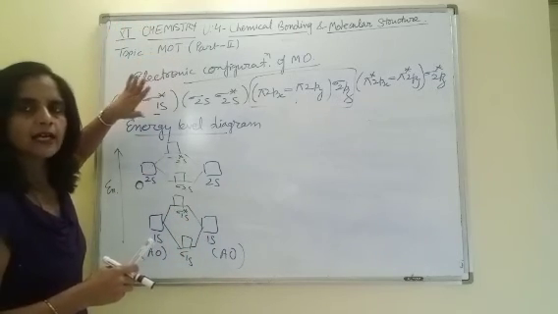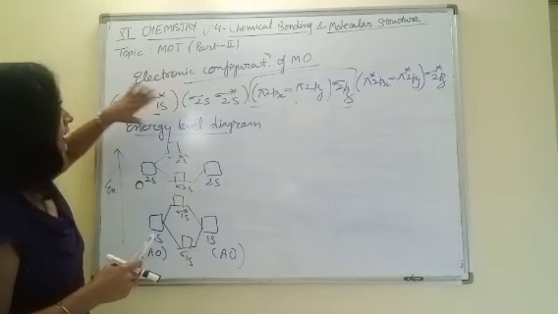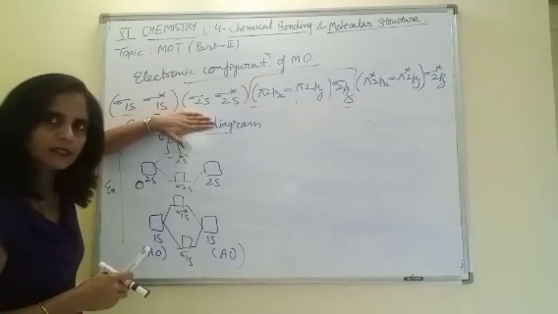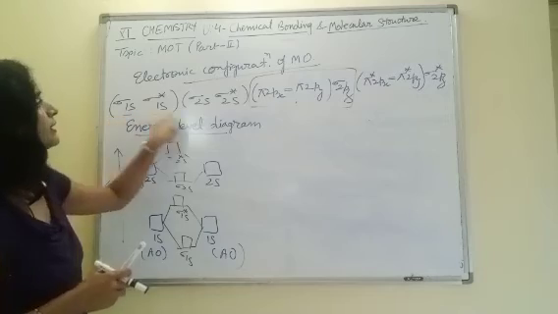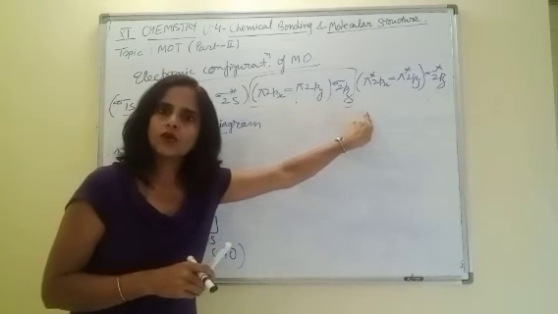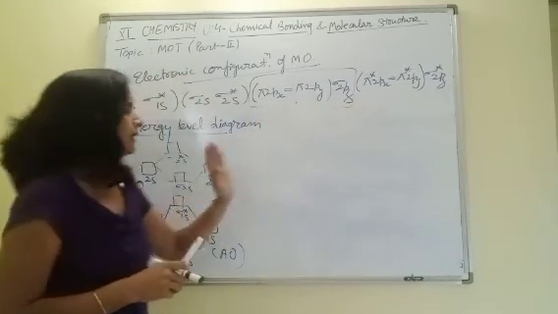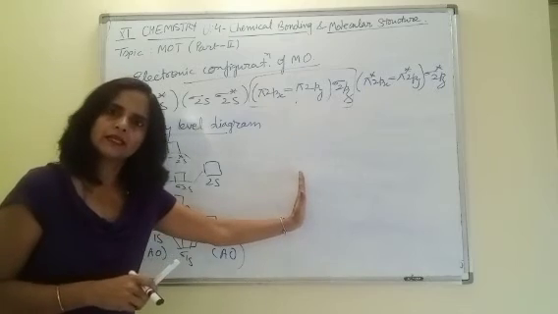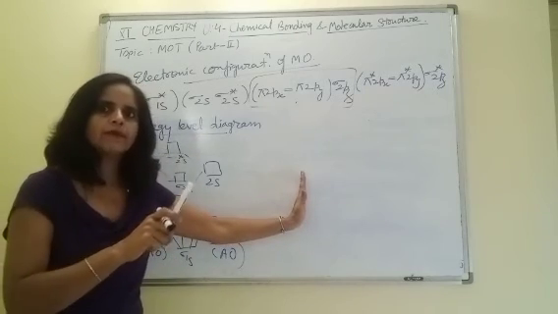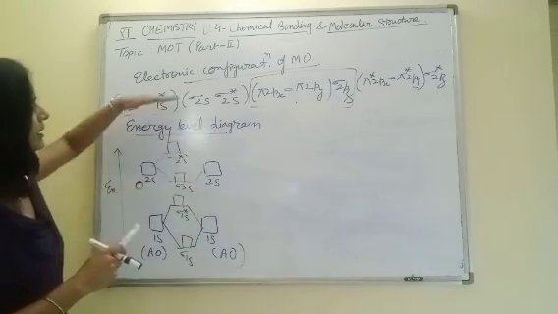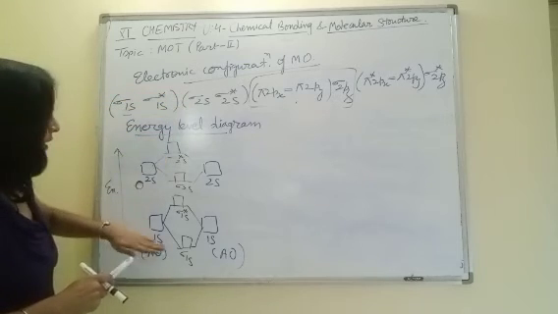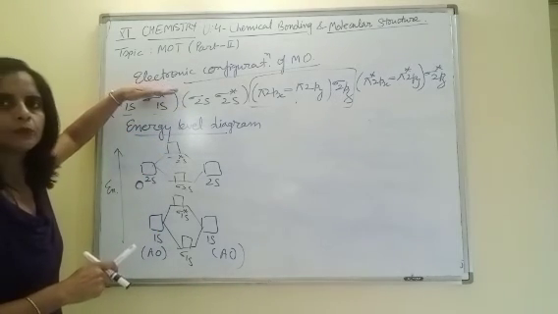But as I don't have any space here, and I don't want to clear this space because we need this increasing order, that's why I will be showing 2p here. But again I am repeating, 2p will come at this level, after 1s, 2s, comes 2p.